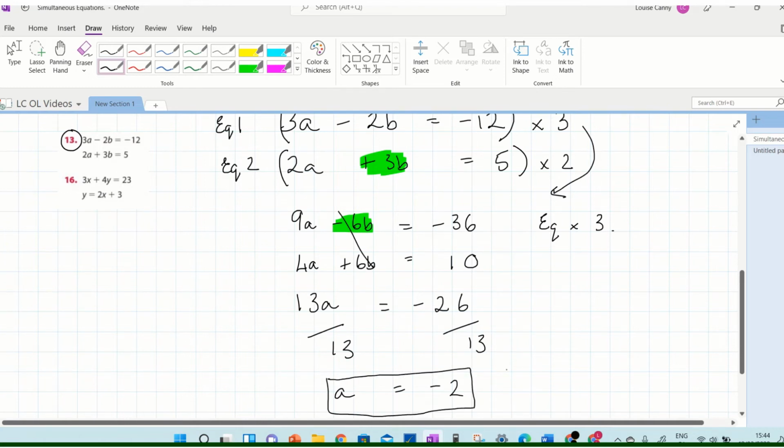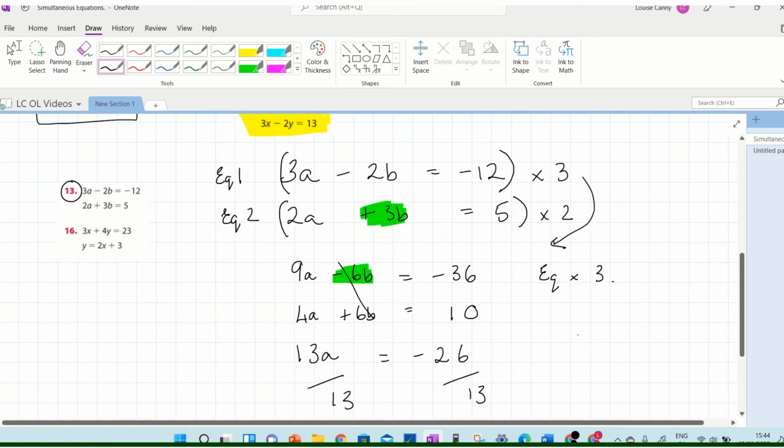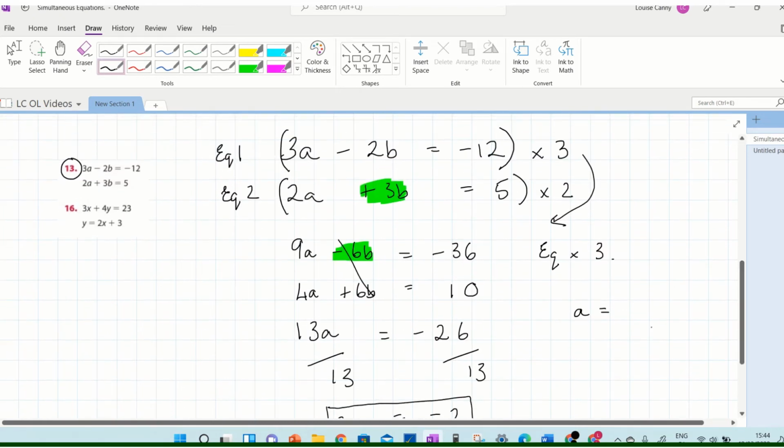And once I do that, I can go back to one of my original equations, with a equal to -2. Take either equation, it doesn't matter which one you take. I'm just going to take equation 1.